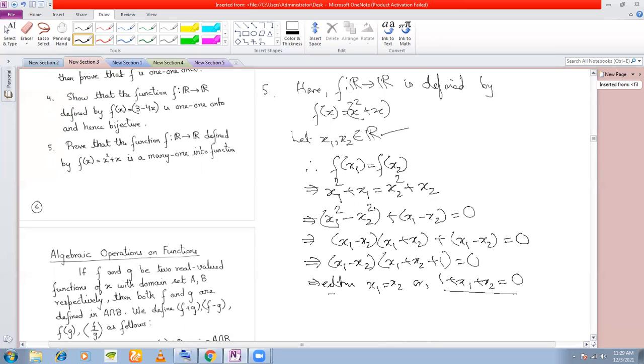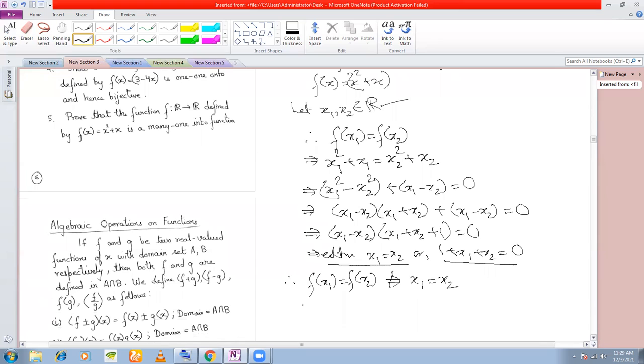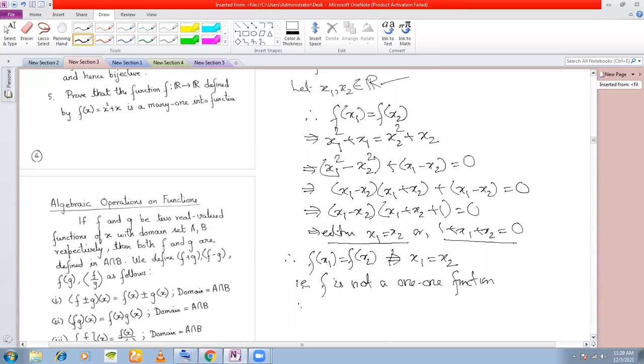So you will definitely not be able to say here that x1 is equal to x2. So therefore, what can we say? f(x1) is equal to f(x2) does not imply x1 is equal to x2. That is, we say f is not a one-to-one function. And if f is not one-to-one, it means f is a many-to-one function.